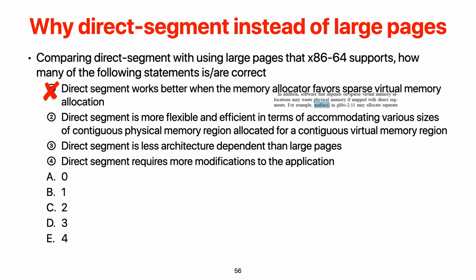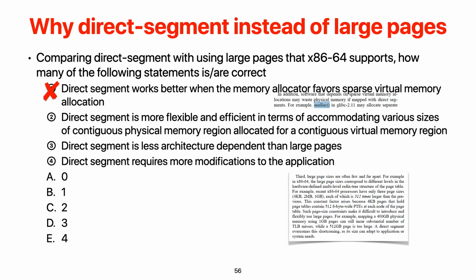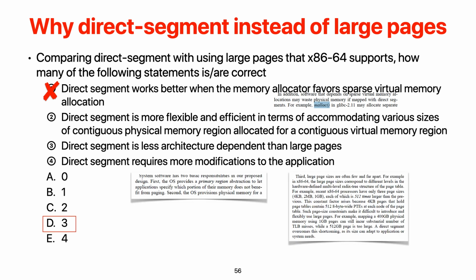And it's indeed the case, if you remember the malloc function that we just mentioned, it just starts allocating addresses from the heap locations. It's also more flexible and needs little architecture support because you only need the base and limit registers. However, it does require modification to the applications, but this is worth doing.